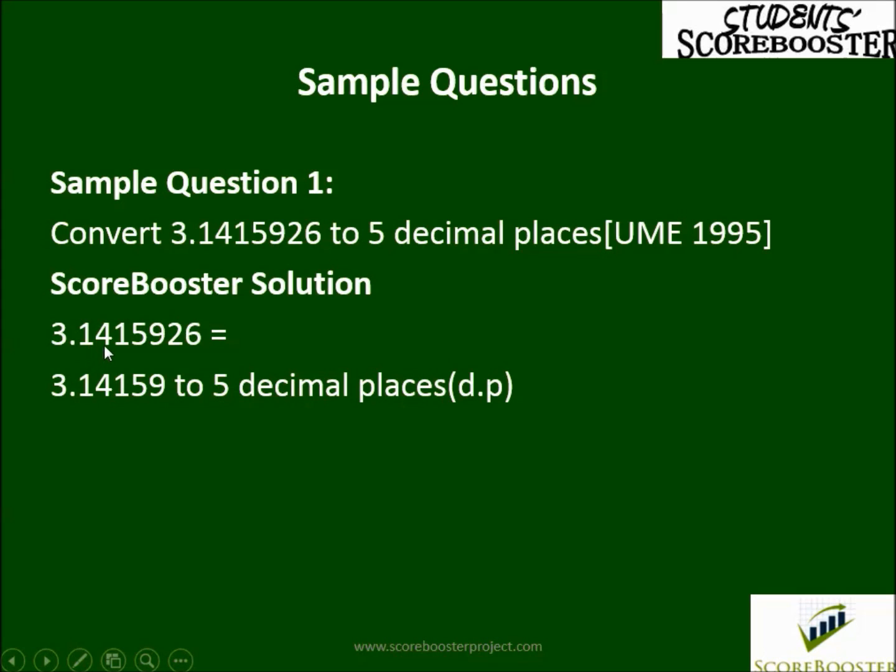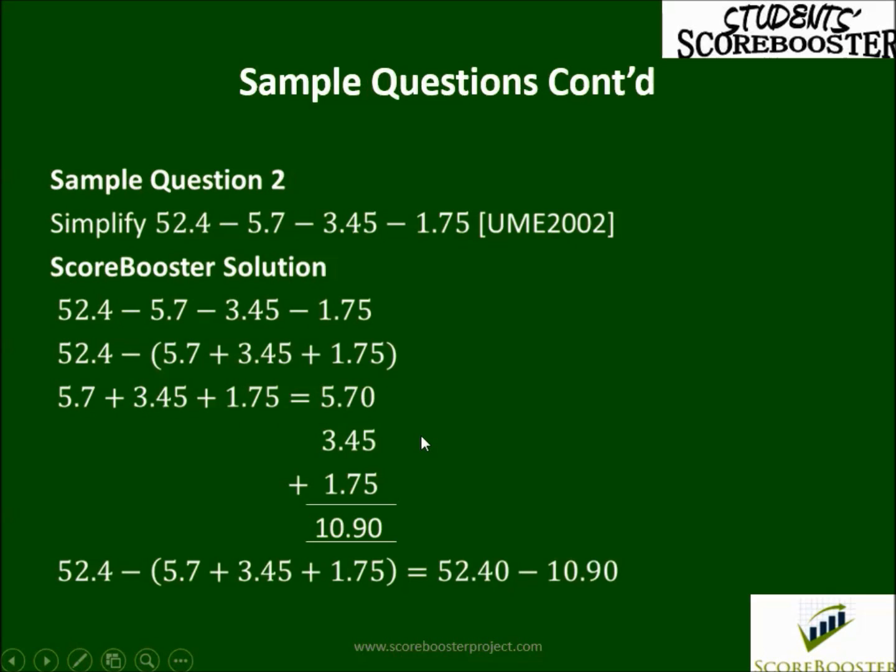So you have 1, 2, 3, 4, 5. That means you have to stop. This is the last digit needed in the rounded form. You now look at the next number, which is 2, and since 2 is less than 5, you simply ignore the 2 and 6, and you have 3.14159. So expressing this number to 5 decimal places, you have 3.14159.